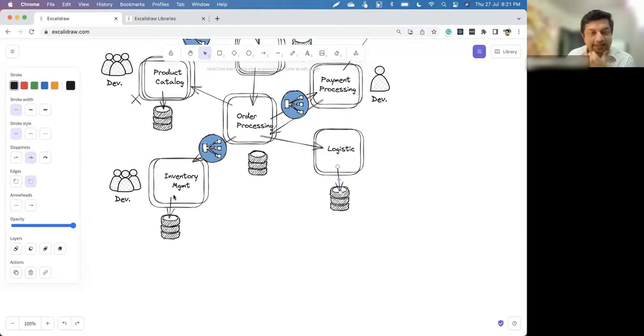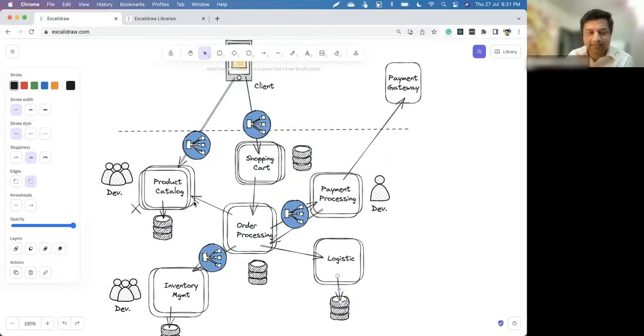Changes are only done in inventory management. If something is changed there, other components can just remain intact. Maybe they have to test the interfaces, but other than that, nothing more. So testing is easy, deployment is easy. They can work in a very effective, fast manner, and deliver the product and innovations in a much better manner.